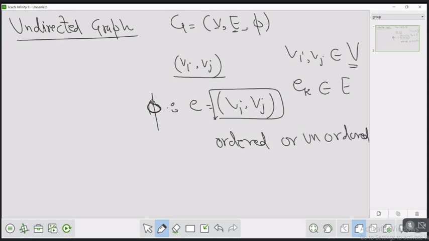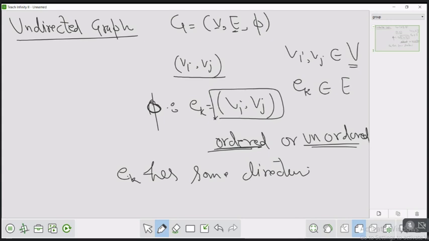If it is ordered, it means that between Vi and Vj there is an edge, and it has some direction. If it is ordered, that means this edge Ek has some direction. An unordered pair means there is no direction.